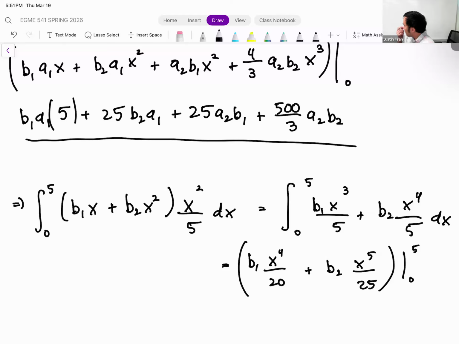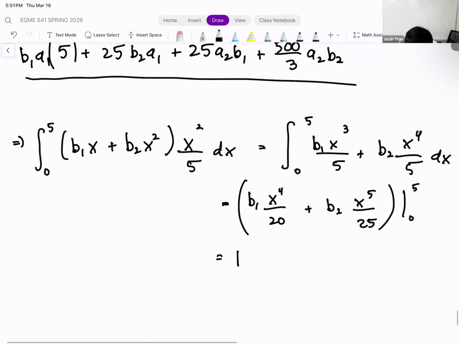All right, so let's just go ahead and plug in for this. And so for this, we get b1, x to the fourth power there is 25 times 25. So we have a 5 that's actually going to come in from the denominator. That's going to cancel that out. And so that's going to be 125, which is 5 cubed, all over 4. Plus b2 times x to the fifth power divided by 25. Let's make note that 25 is 5 squared. So we have 5 to the fifth power divided by 5 squared. That's just going to be 5 cubed. And so this is going to be 125 times b2.